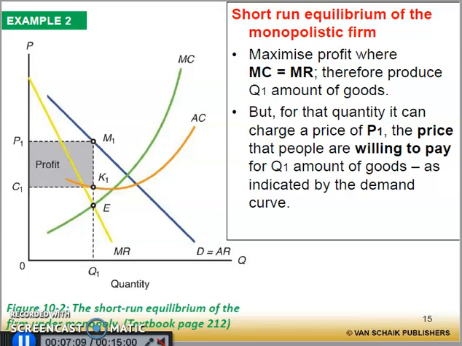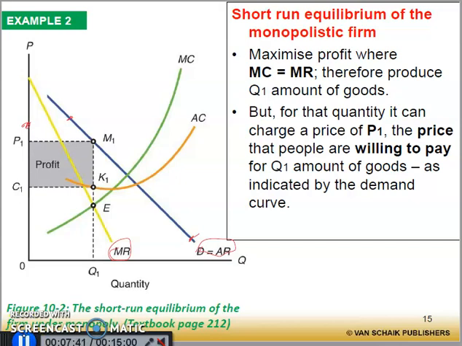The firm faces a downward sloping demand curve, shown by D, which is also the average revenue curve, the one in blue. The firm's marginal revenue is lower than the average revenue, and the marginal revenue lies halfway between the average revenue curve and the price axis, as we've indicated here. So it lies between this point and that point.